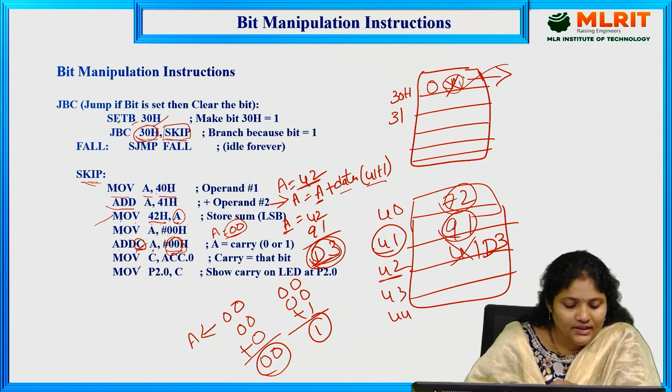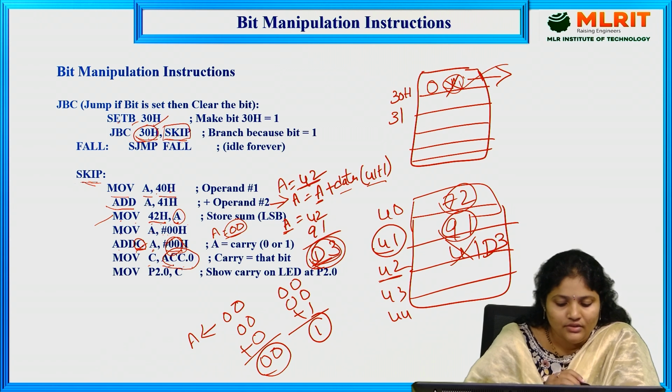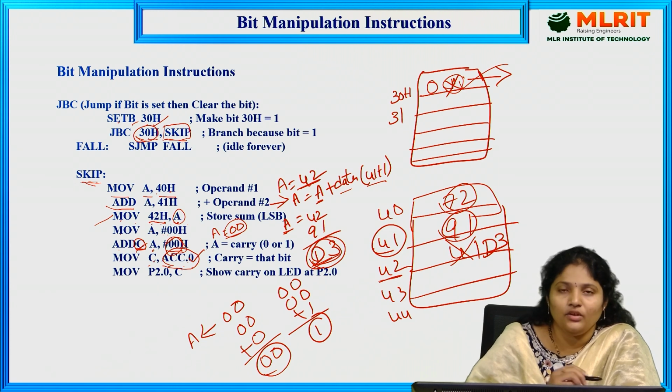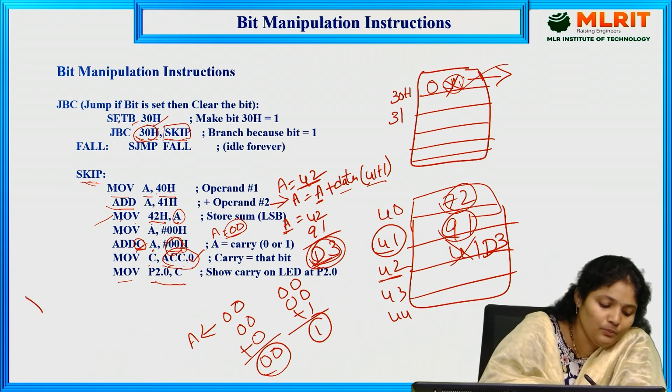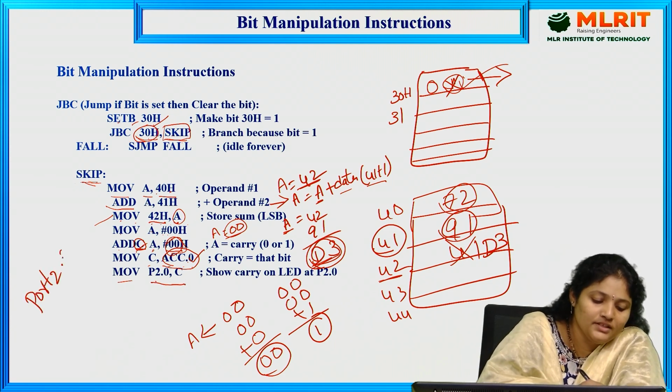Right. Next one, MOV C, ACC.0, accumulator bit ACC.0. So here that particular bit we are mentioning will be loaded to the carry C. Now MOV P2.0, C. So P2.0 here is port 2, 0th location.